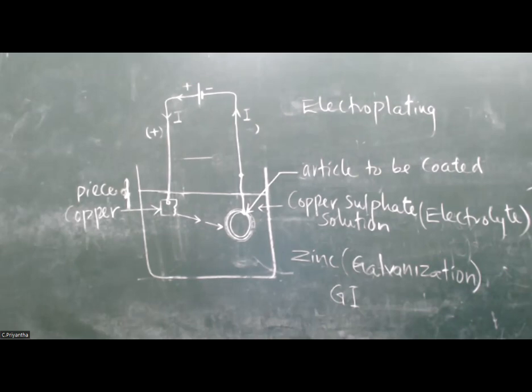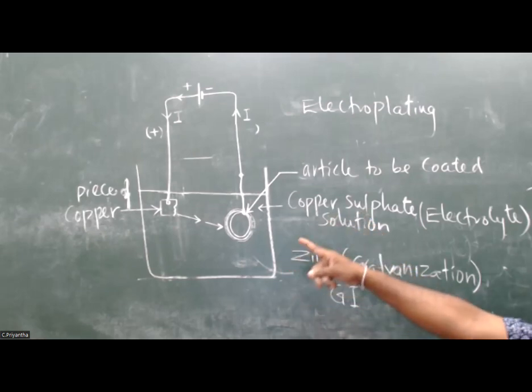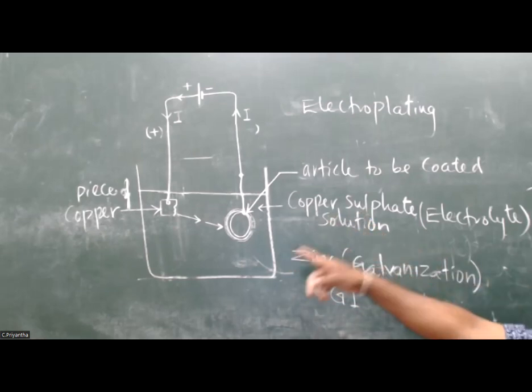Third one: what is the color of the copper sulfate solution? Blue color. The blue color of the electrolyte, the blue color of the solution, is maintained unchanged.